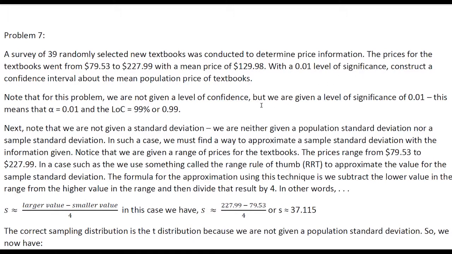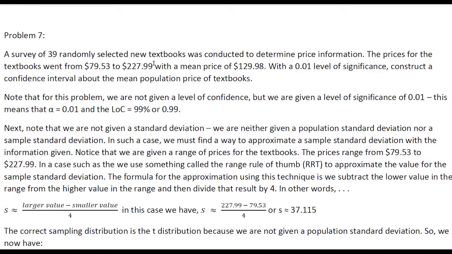What that means is if we have a 0.01 level of significance, I have a 0.99 level of confidence. In other words, level of significance is the same thing as your alpha value. This means that alpha is equal to 0.01 and the level of confidence is 99% or 0.99.